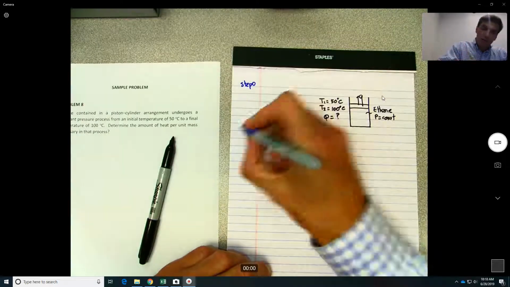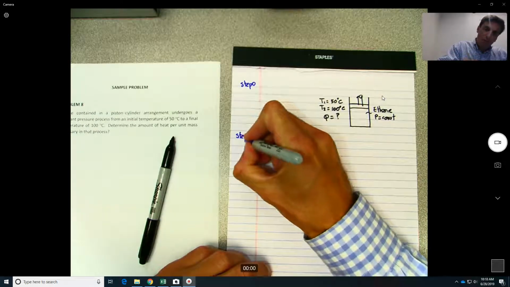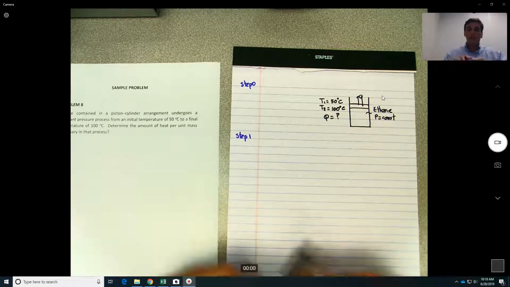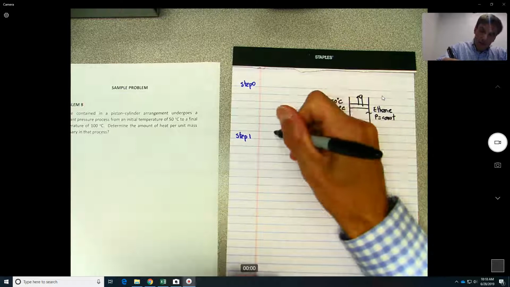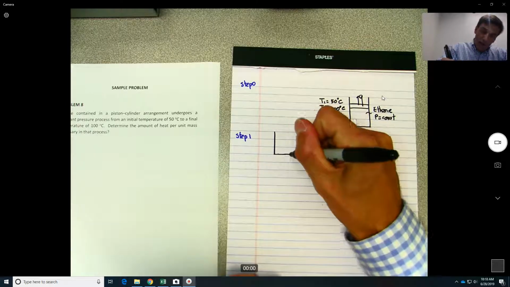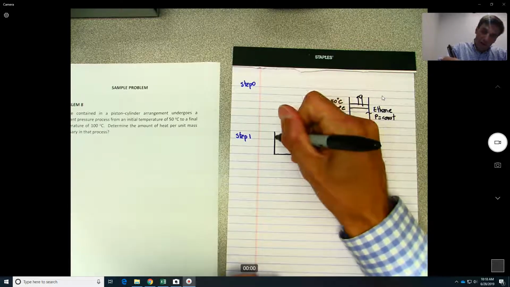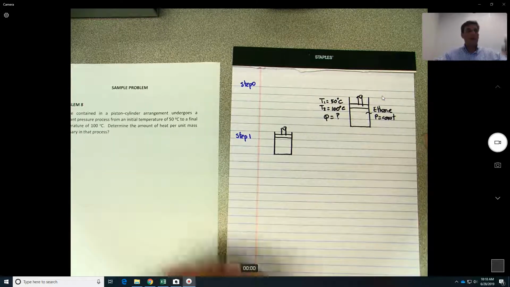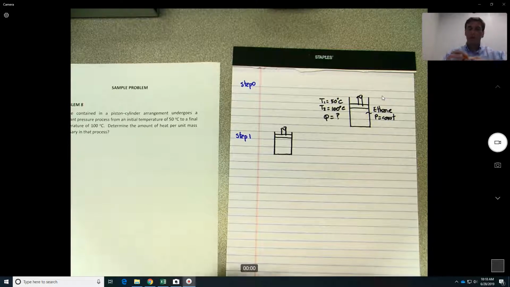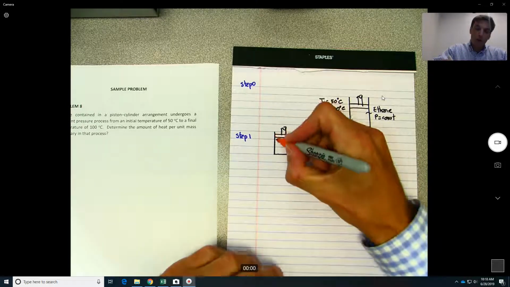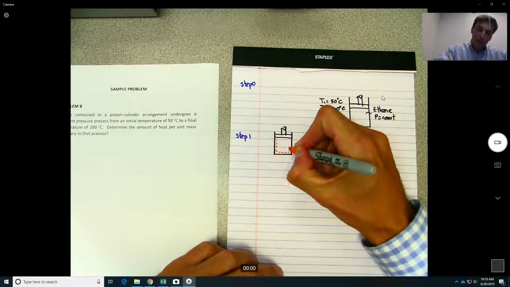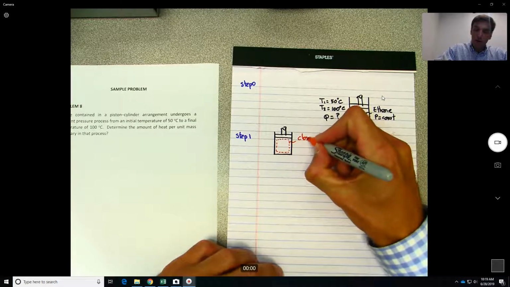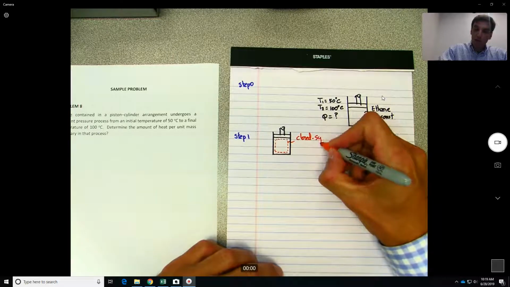Okay, so let us say this is step 0. Step 1 many times is going to be kind of redundant, but it's a good habit to get, okay? So now you need to start thinking about, okay, now I'm really solving the problem. So first, what type of system are we dealing with? We'll be dealing with the system over here, which is a closed system because we know the mass is constant.